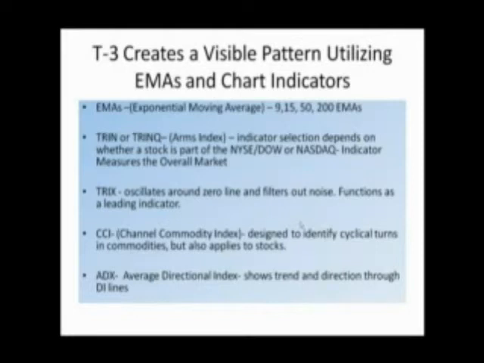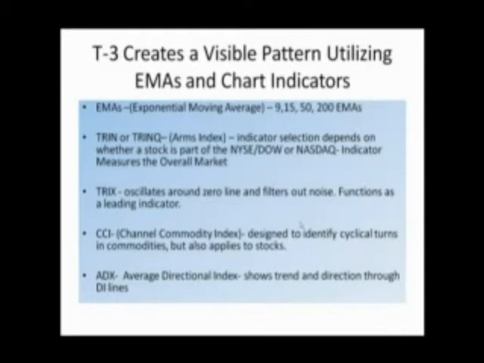You will decide whether you're going to use the TRIN or the TRIN-Q based on whether the stock is part of the New York Stock Exchange, the Dow, or a NASDAQ. And you will switch between one or the other depending on what stock you're looking at.